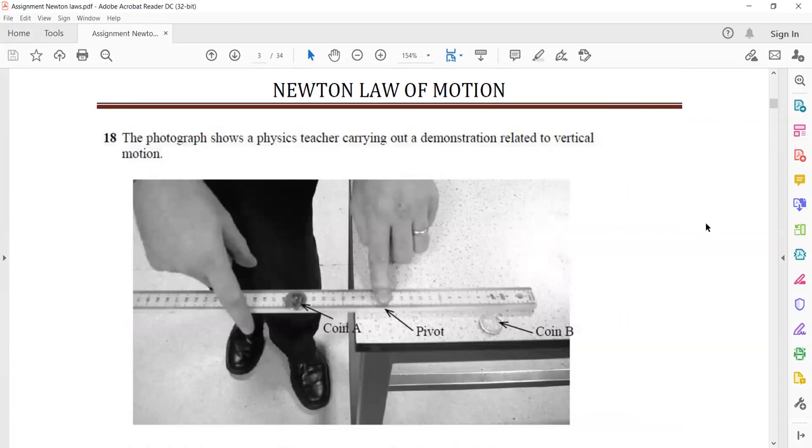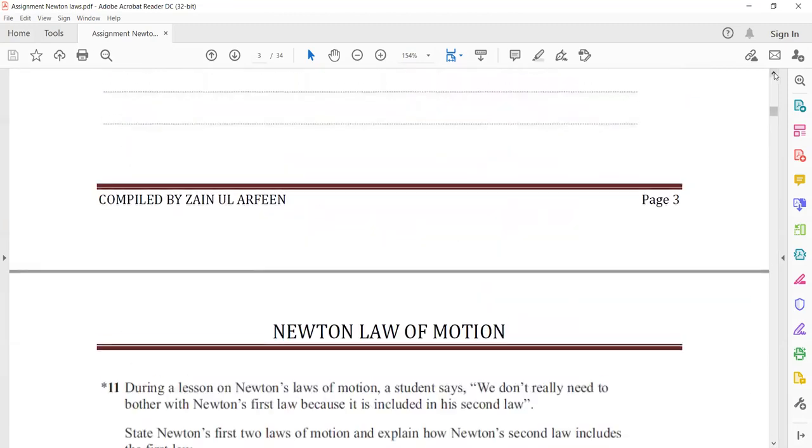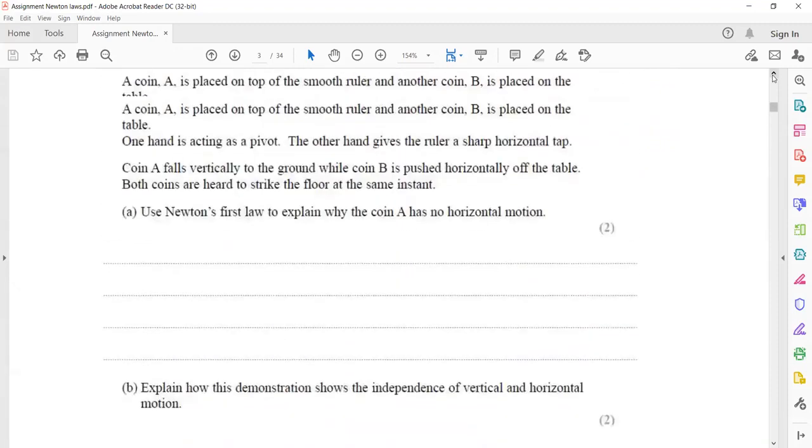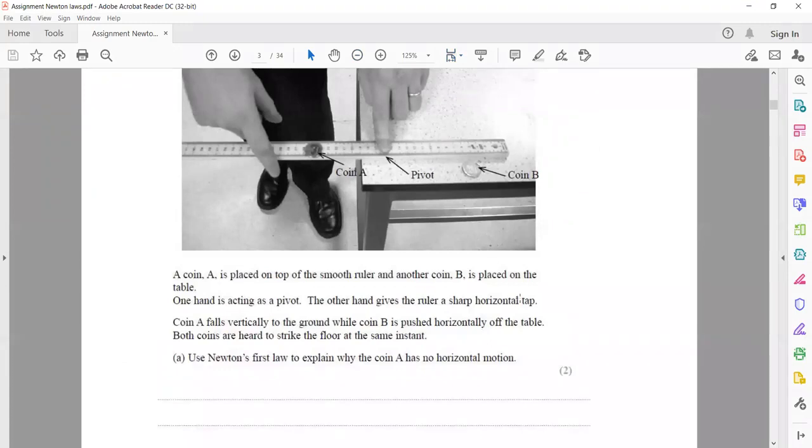In this question, the photograph shows a physics teacher carrying out a demonstration related to vertical motion. As you can see, coin A is placed on top of a smooth ruler.